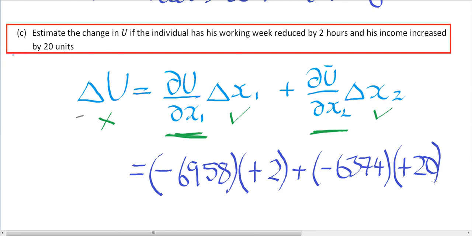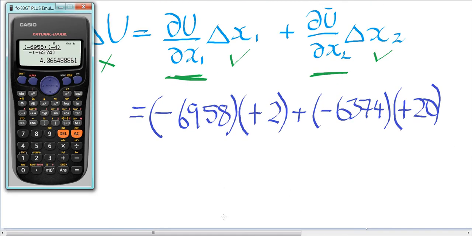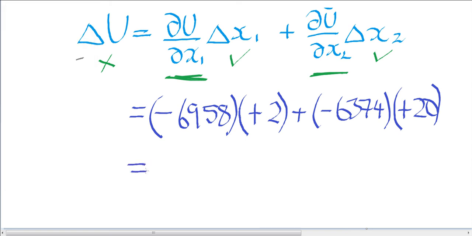Now go straight over to the calculator, don't work it out in bits and pieces, just type exactly what you see in the calculator, okay? So minus 6958, if you want, it doesn't matter, plus 2 or just 2, plus minus 6374 by the plus 20 there. Okay, and what do I have? Minus 141396.